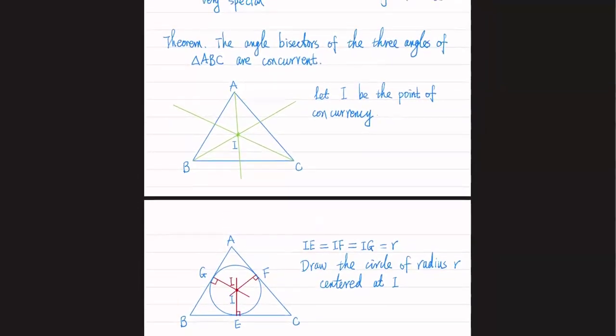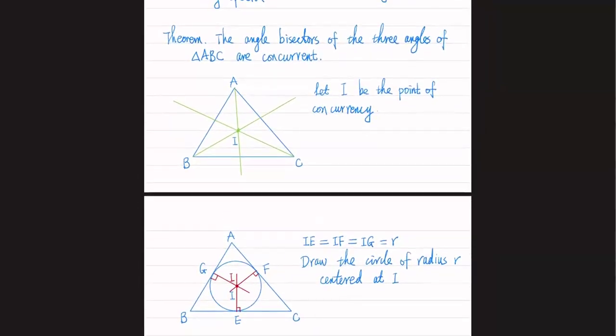Okay, now let's review the construction. How do we get this circle? First, we draw the three angle bisectors. We proved that they are concurrent. They intersect at a common point. Then from this common point, we draw three perpendicular lines.